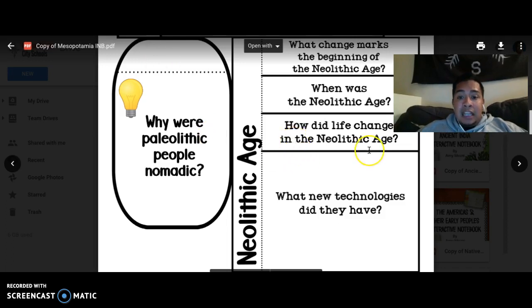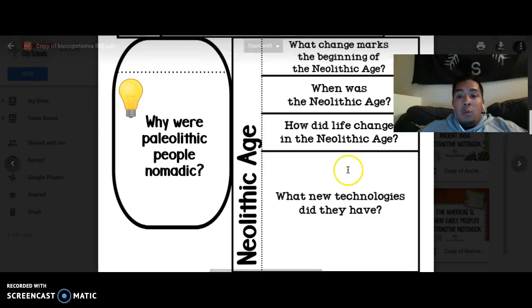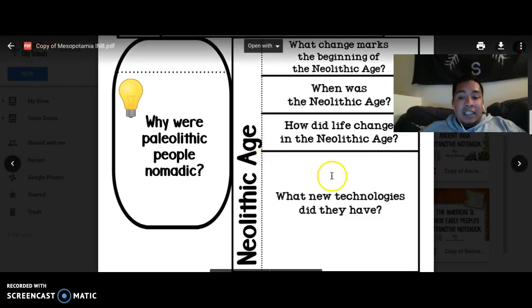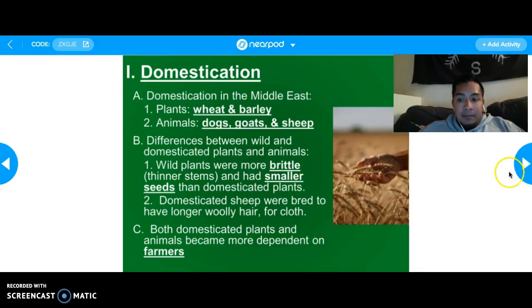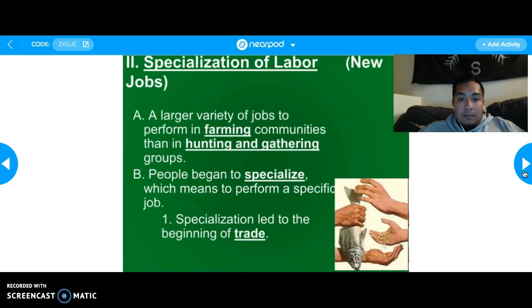It says, how did life change in the Neolithic age? What new technologies did they have? The new technologies that they had were domestication and agriculture. Also, people were able to specialize in labor. What that means is that not everyone needed to be a farmer. Not everyone needed to go out into the field.